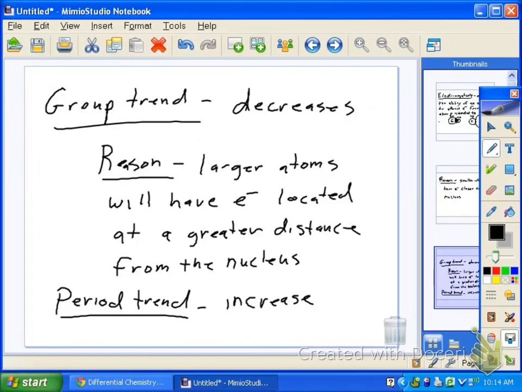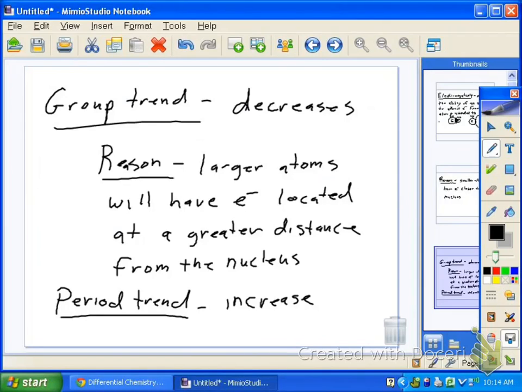So the group trend decreases. Why? Well, the reason is larger atoms will have electrons located at a greater distance from the nucleus. If you want to say the size of the atom is larger, that's fine. Because it's larger, then the nucleus will not have as good of an attractive force because of the distance.